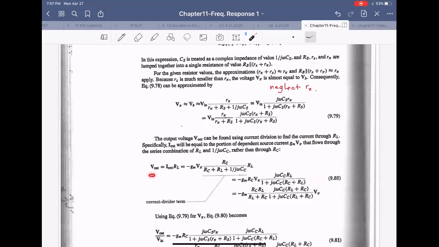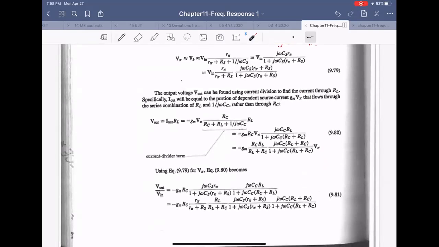So we can have V out and V in, and we can get the voltage gain again. So V out over V in, that means gain, is minus gm RC times these two terms. And then modify this one, we'll have minus gm RC, R pi over R pi plus RS, RL over RL plus RC. Then these two terms, 1 by the CS, 1 by the CC, like this. It is not difficult, okay?